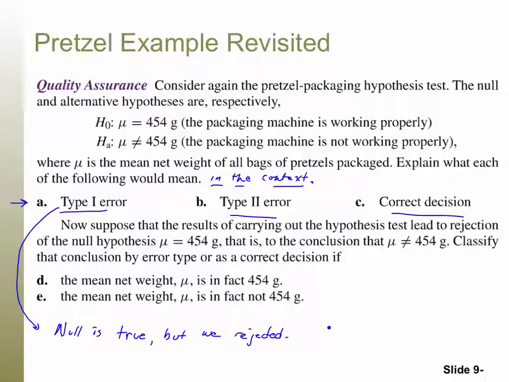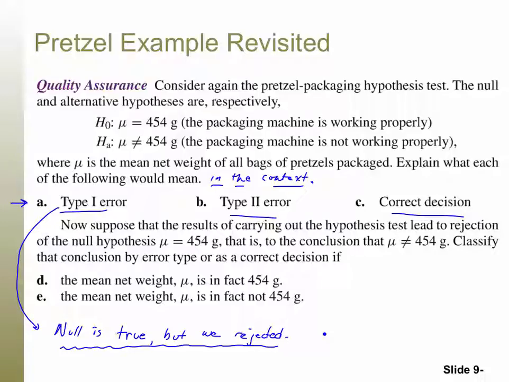So what would that mean for pretzels in this situation? Can you restate that for this particular context? A type 1 error, what would it be? I guess the possibility of there being 454 grams of pretzels was rejected wrongly.